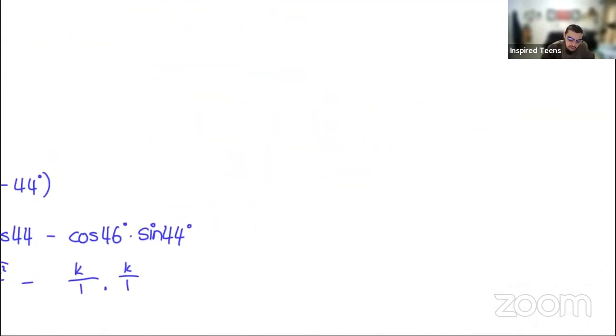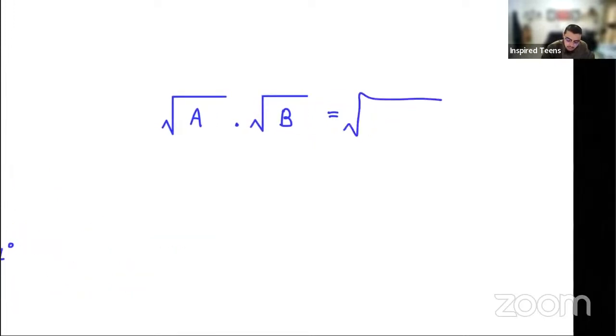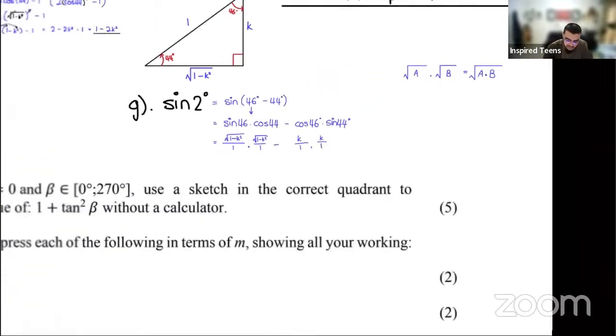When you multiply, you should remember this from surd rules. Surd A times surd B is equal to the square root of A times B. Whenever you have two different surds multiplied by each other, you can simplify to one surd and multiply whatever was in each surd.